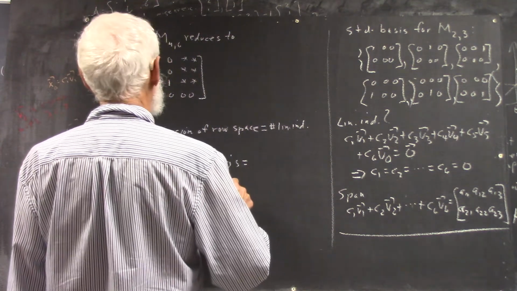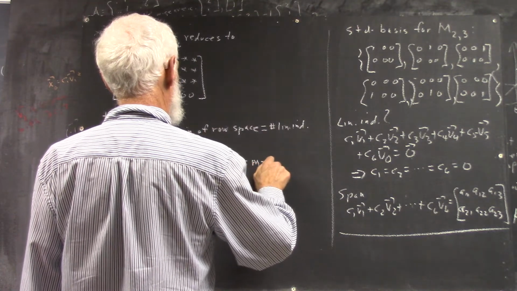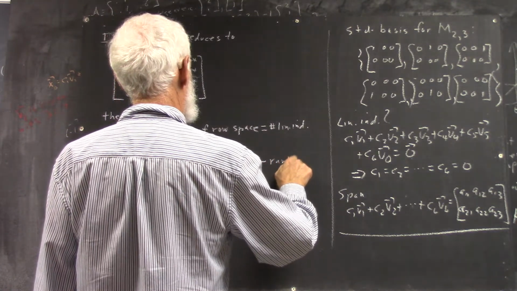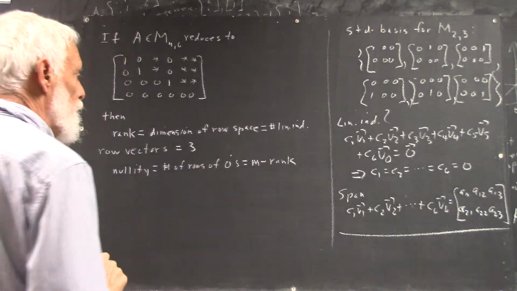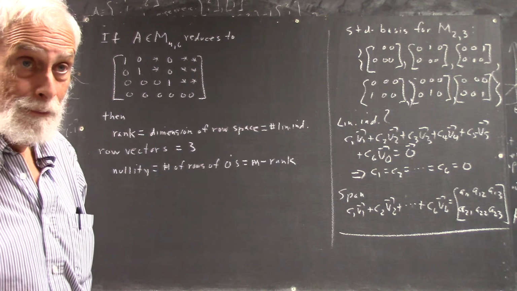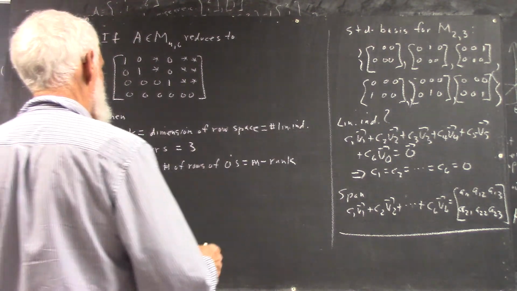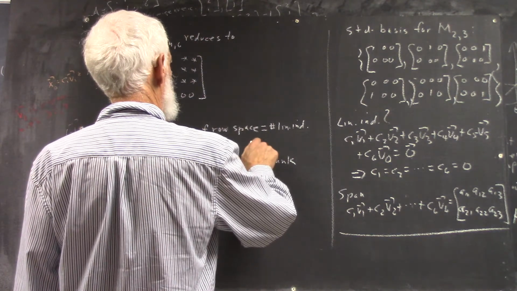Well, it's M minus rank, where M generally stands for what? Number of rows, right?